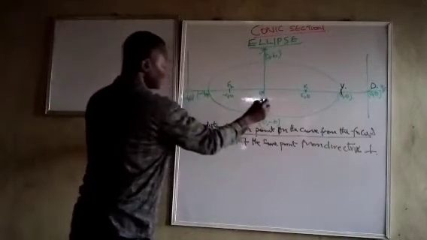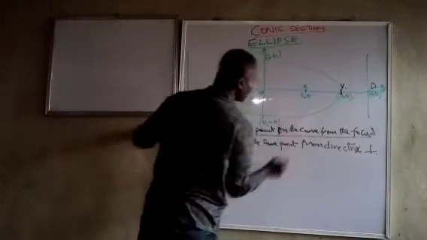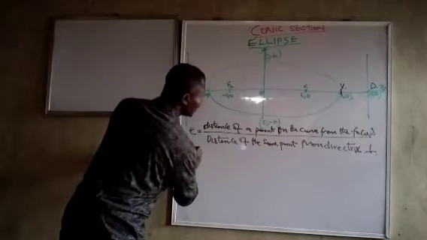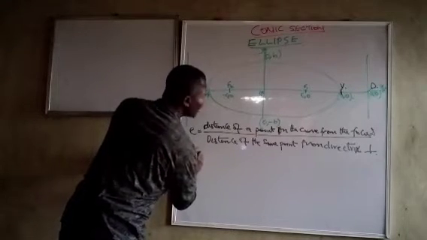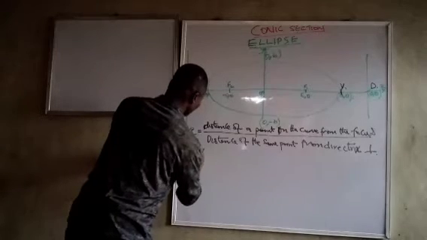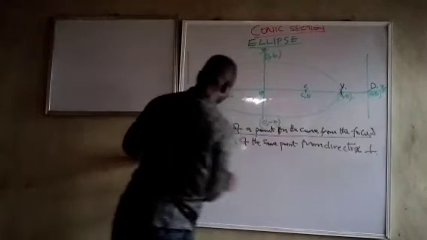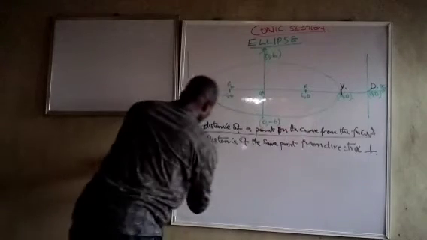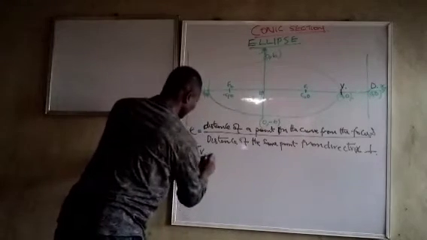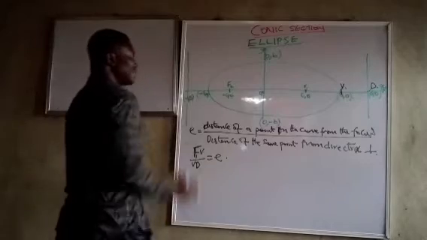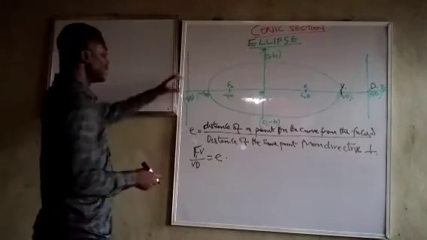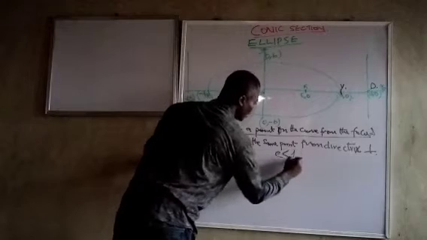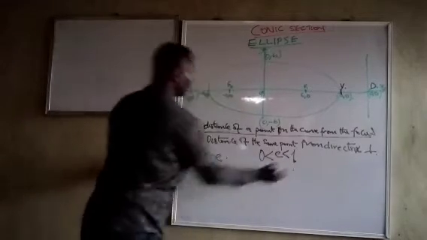Now, the distance of F from A is A minus C. So let's call this place V. F1V over VD is equal to E. And E in this instance is always less than 1. E is less than 1 and greater than 0. Please take note of this.